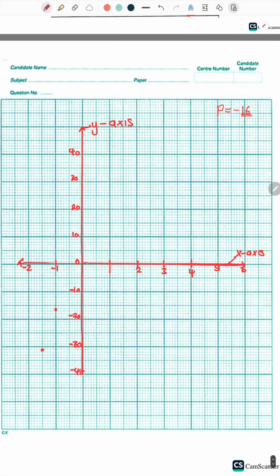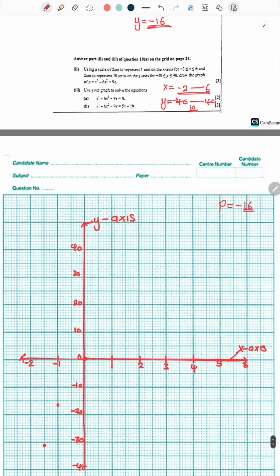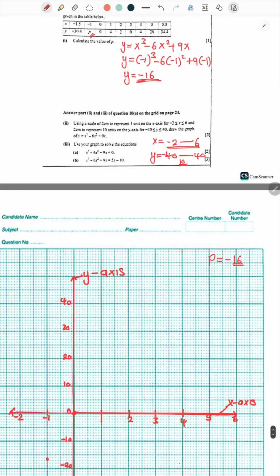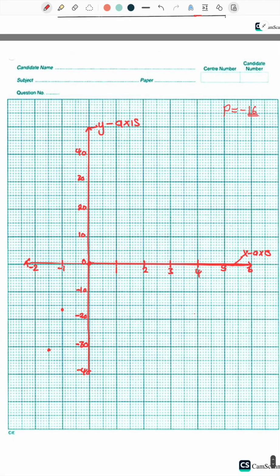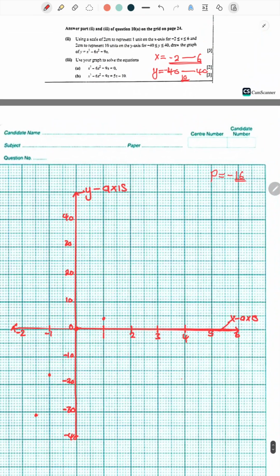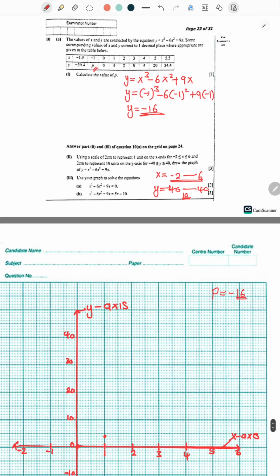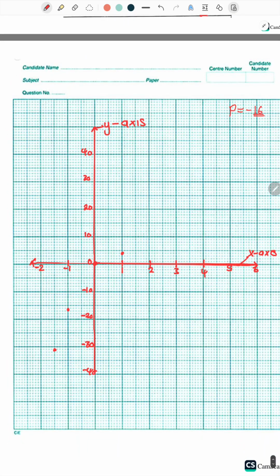So 0 comma 0 is actually this point here. Next, 1 comma 4. This is 5, so this is going to be 4. Next, 2 comma 2. 2 comma 2 is actually very simple. It is going to be somewhere here.